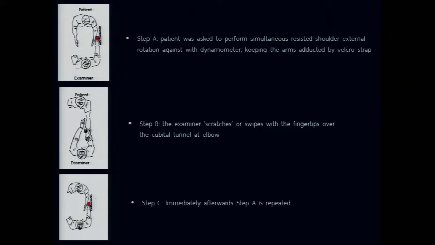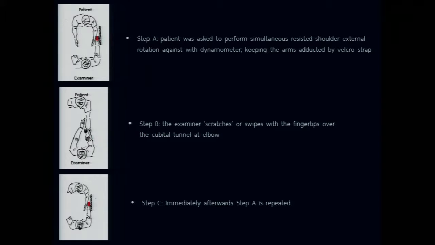Step A: the patient performs shoulder external rotation against the dynamometer, keeping the arm adducted with a Velcro strap. Step B: the examiner scratches with the fingertip over the cubital tunnel at the elbow. Step C: immediately afterward, step A is repeated. Every participant underwent the test 3 times.